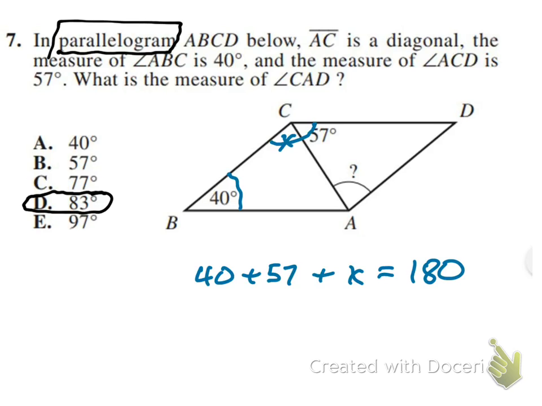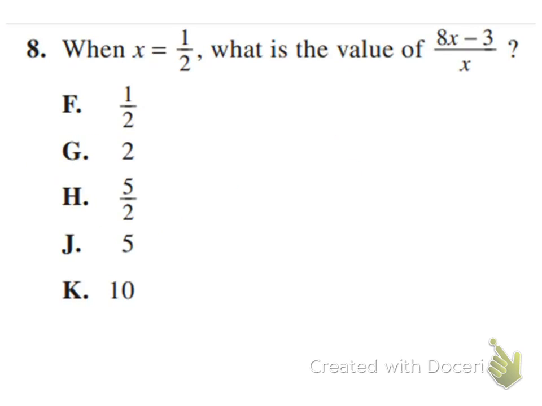And that x would again end up being 83, and then alternate interior angles are equal, right? So that's what you get on that. So that's another way you could have done this problem. But you can't do the problem without knowing the properties of parallelograms, okay? It's an important set of facts to do this.